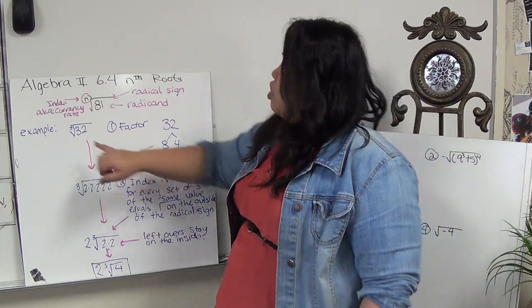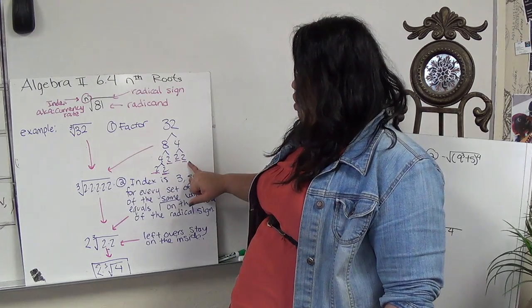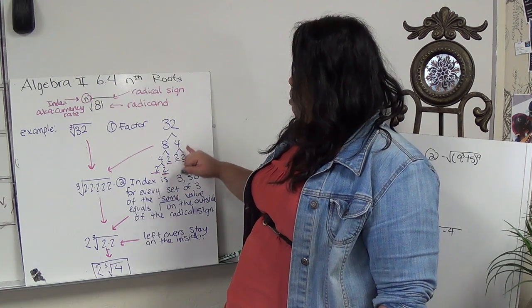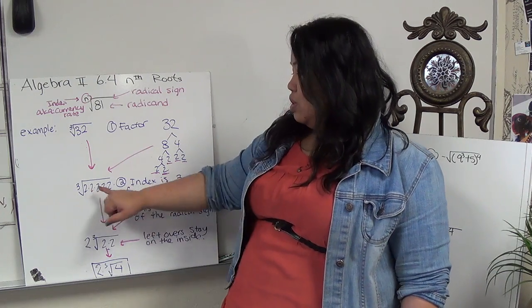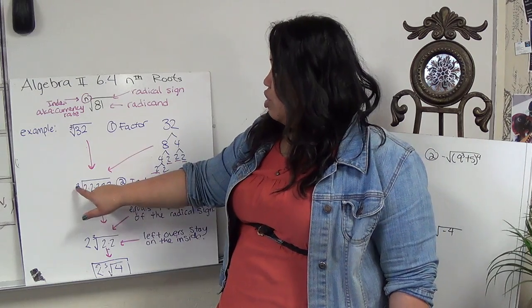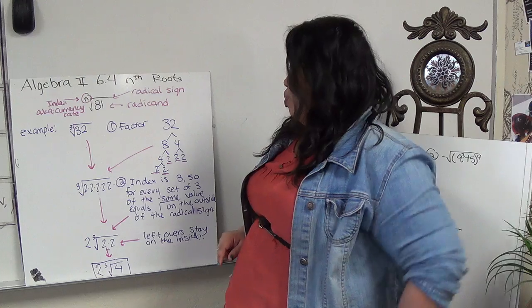So, for example, the cube root of 32, I'm going to take 32 and factor it down: 2 times 2 times 2 times 2, right? 8 times 4 is still 32. I factor it down to its factors, and that's 5 2s. This is my index, okay? It's not 3 times this, it's the nth root.